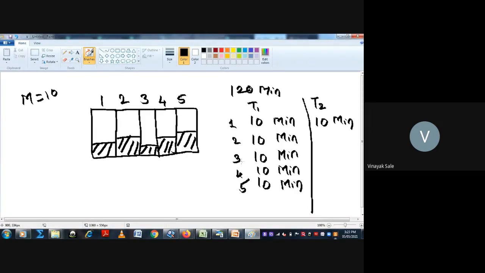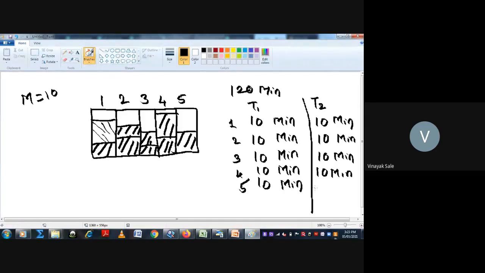During the second time slot, question first is solved, suppose up to this part, then question second will be solved during this time up to this. Then during the next time slot, question third will be solved up to this. Then question fourth will be solved during the next time slot, suppose up to this.